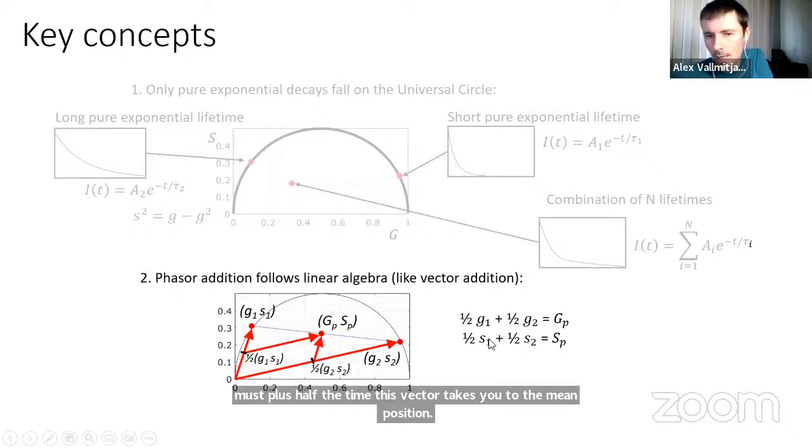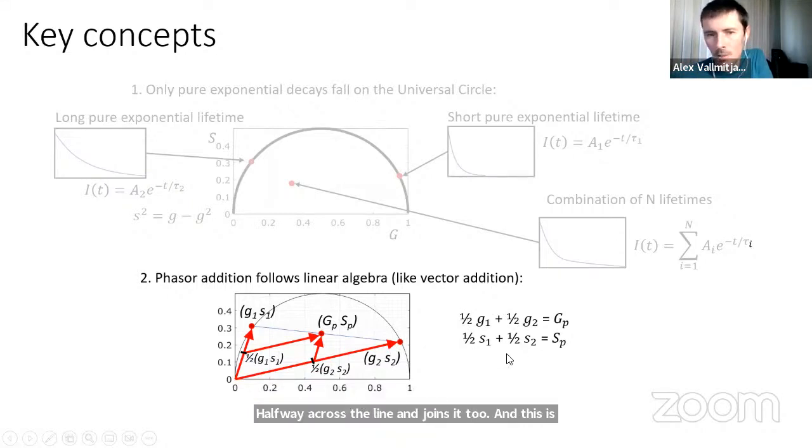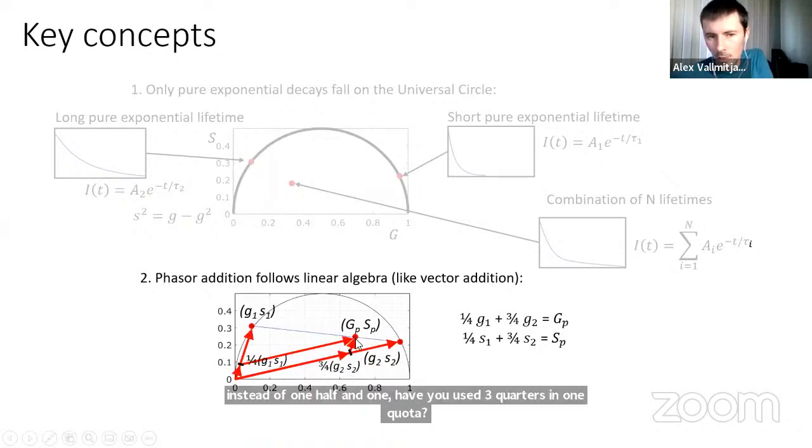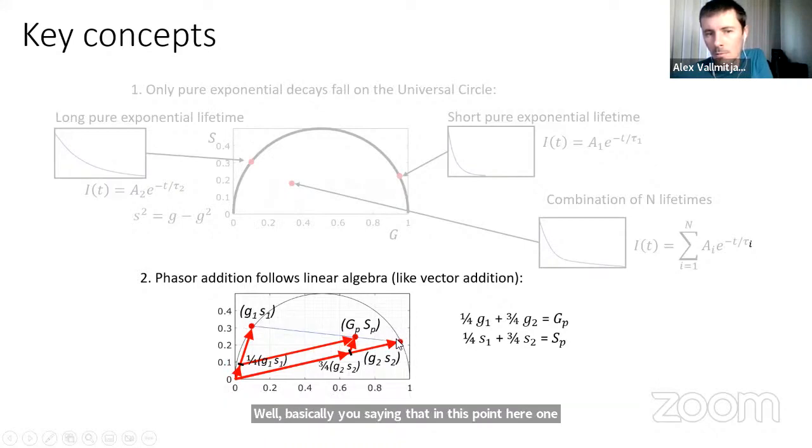And this is true for any weights or fractions of these components. So if instead of 1/2 and 1/2, you use 3/4 and 1/4, well, basically you're saying that in this point here, 1/4 of the photons come from this component on the left and 3/4 come from the one on the right.